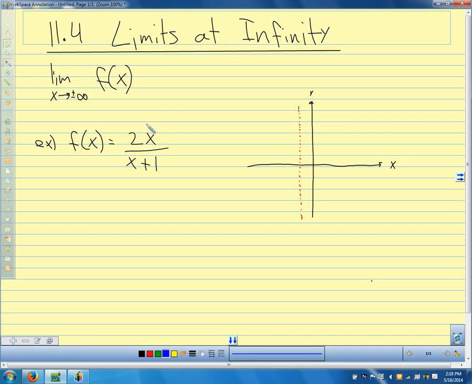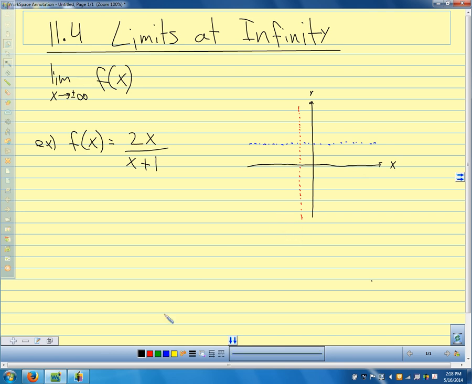We'll talk about another situation, but in this one they are the same. So what does that tell us? It's the ratio of the leading coefficients. The leading coefficient in the numerator is 2, in the denominator is 1. So we have a horizontal asymptote at y equals 2.